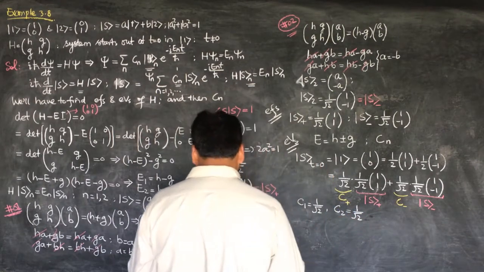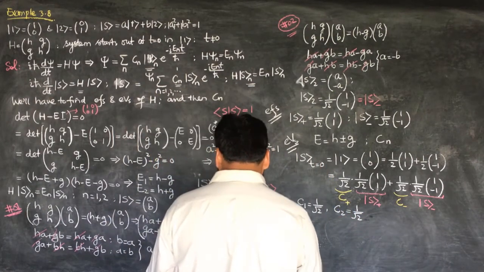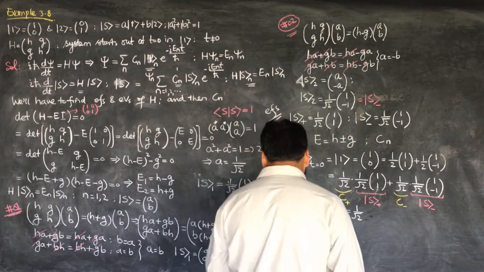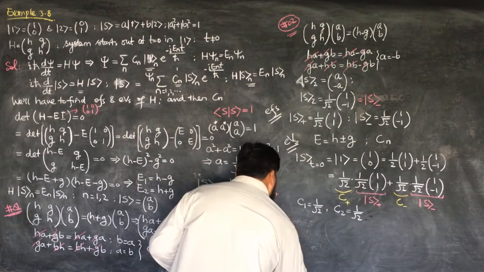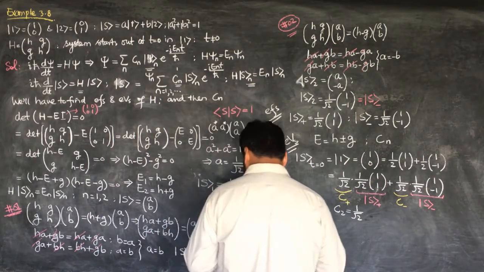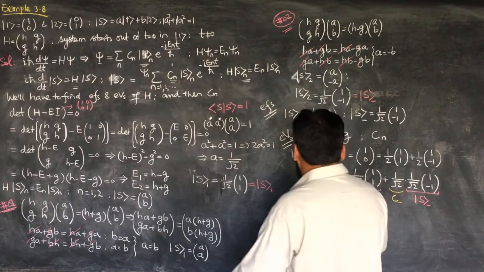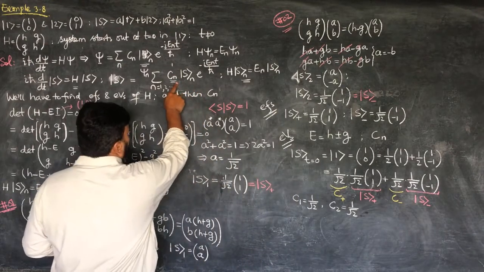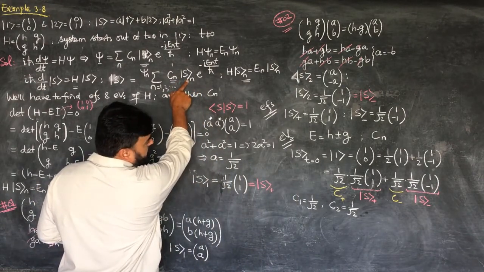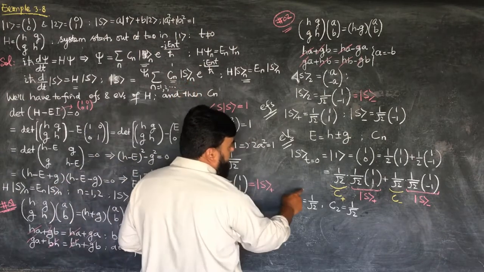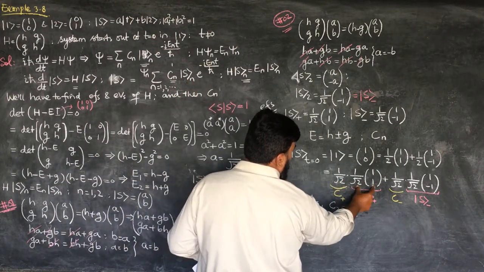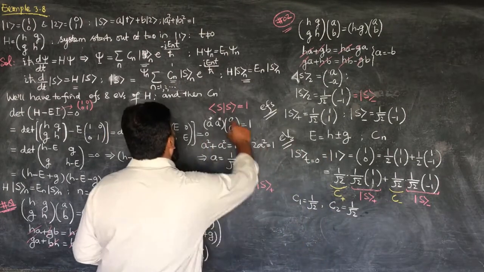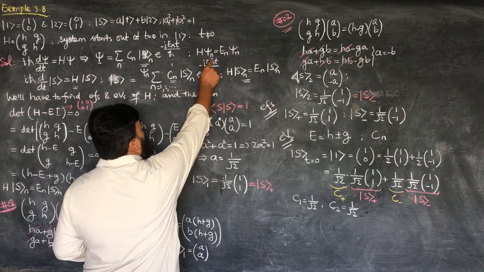Because we are having only two states, I can write that our Cn is equal to, so now for Cn I will have to put 1 over square root 2, and for S plus I will put one state, which is this one, and then for S minus I will have to put this state, and this will be multiplied with it.